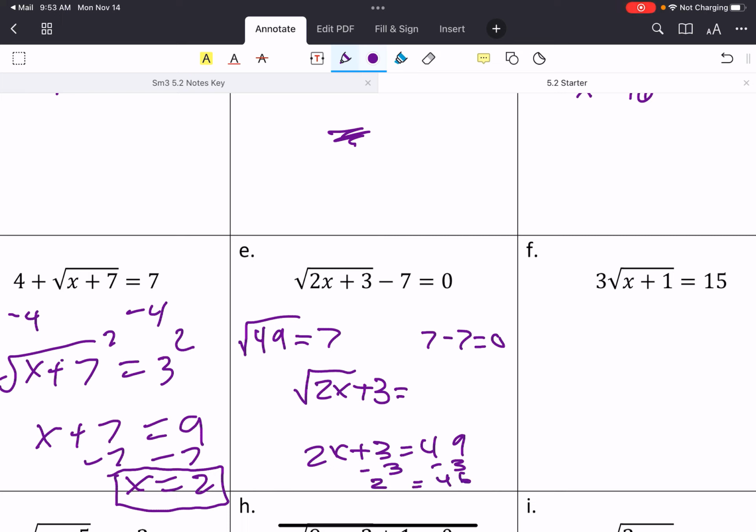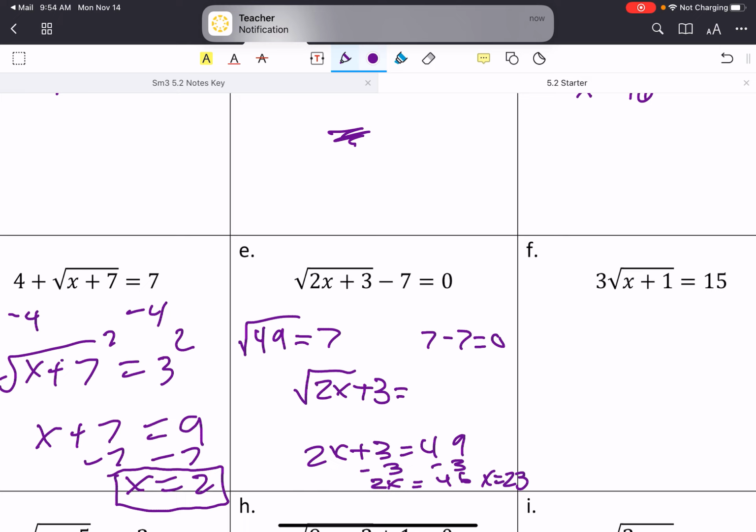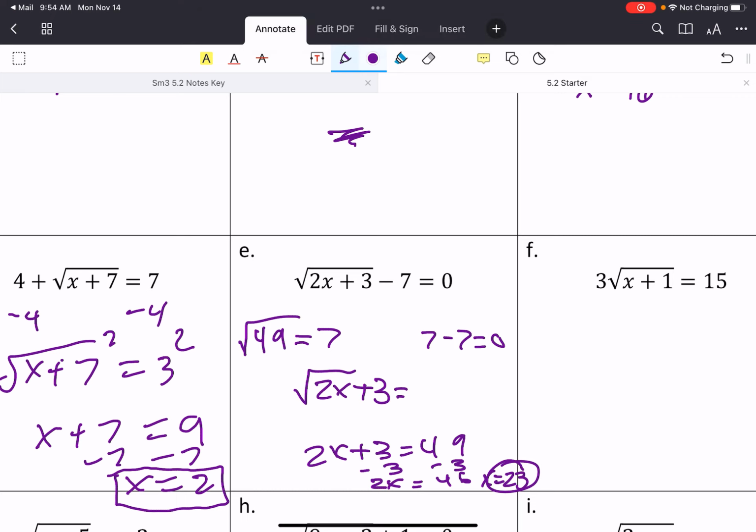46 equal to 2x. Is equal to 22. That's kind of confusing.